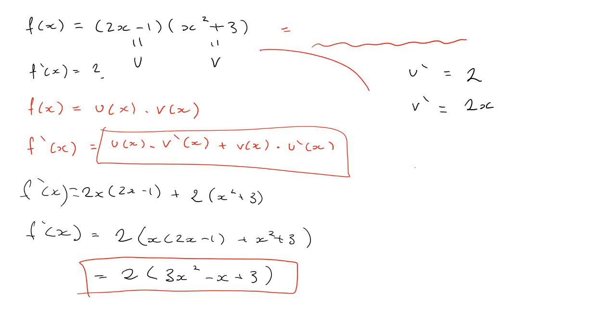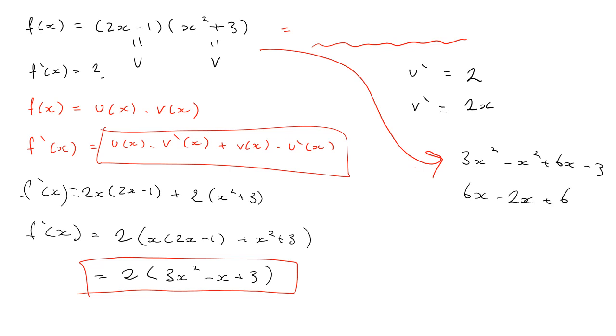Or an alternative way is to just expand the brackets. It's easy because there's two brackets and it's all to the power of 1. So we get 2x cubed plus 6x minus x squared minus 3, that is, 2x cubed minus x squared plus 6x minus 3. So the derivative of this would be 6x squared minus 2x plus 6.